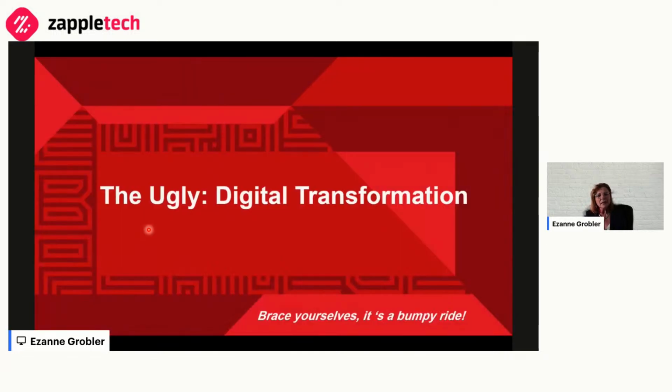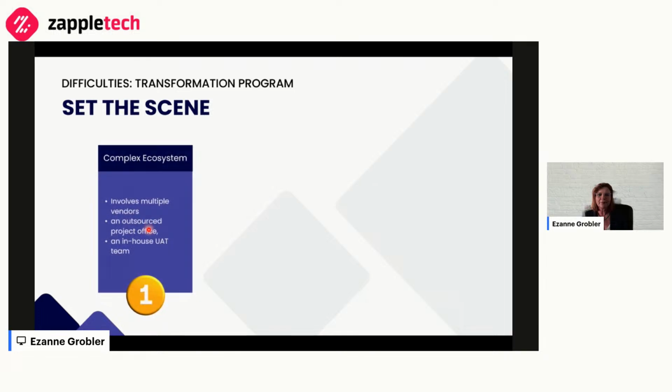So let's look at the lessons that we've learned in the digital transformation program. First of all, I need to set the scene. In this transformation program, it was an exceptionally complex ecosystem. It wasn't just one vendor and one development house. It was multiple vendors that delivered code in different manners.